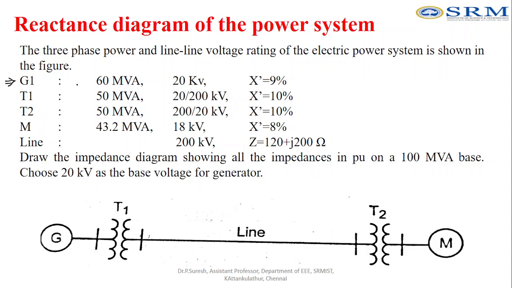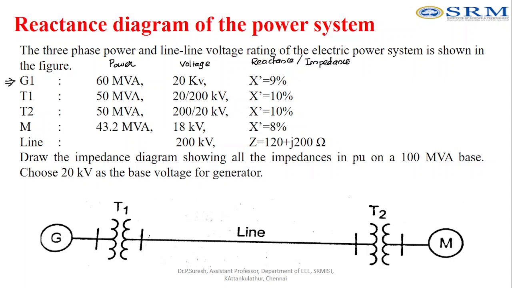You know, for any component we should know 3 parameters actually. The first parameter we have to know is power, the second parameter is voltage, and the third parameter is reactance, or we can also have impedance. Both are the same.